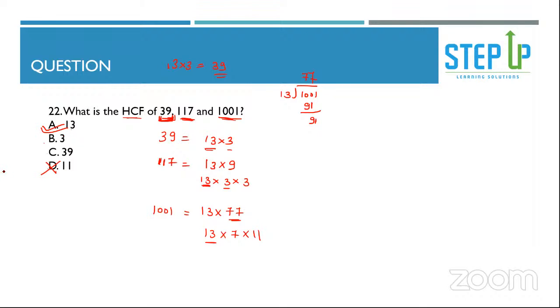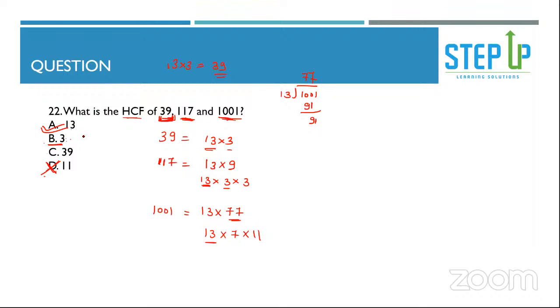One more thing I could have done here for the highest common factor: the way I eliminated 11, since 39 is not divisible by 11, I can check whether 39 is divisible by 3. Yes. Is 117 divisible by 3? Yes. But is 1001 divisible by 3?